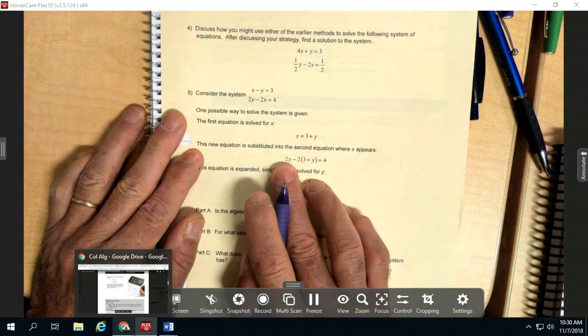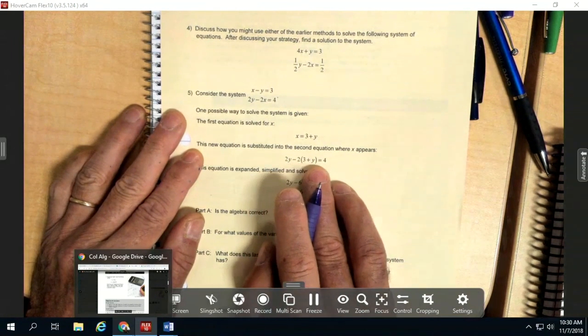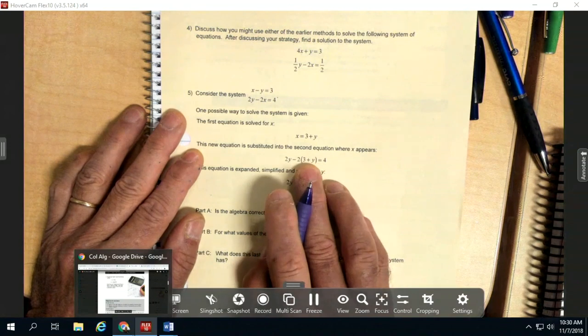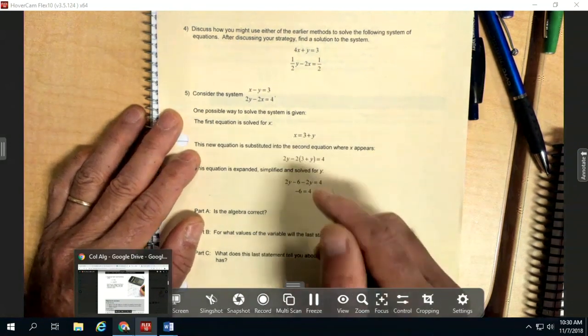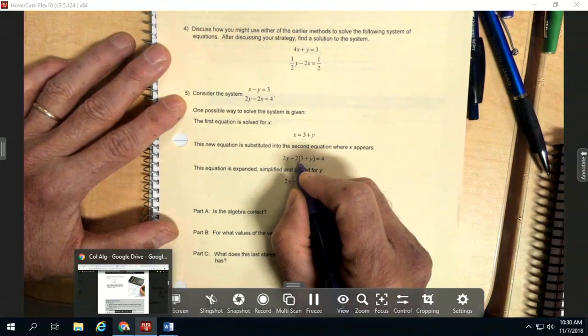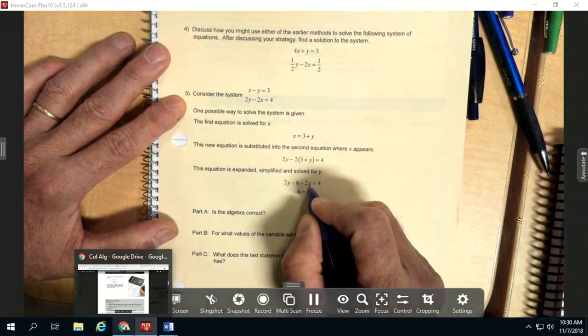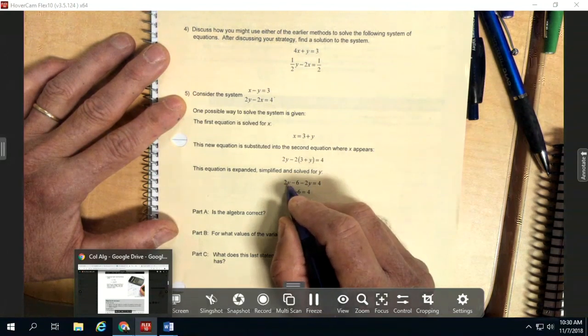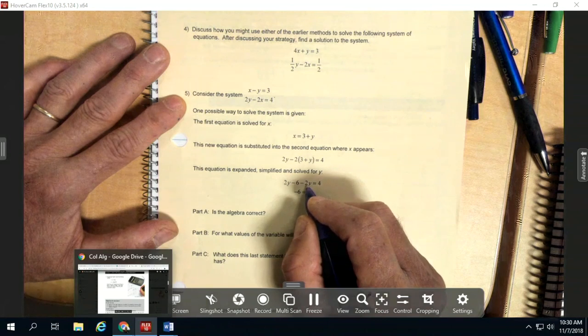So 2y minus 2 times 3 plus y equals 4. So they substituted in. Then they took the 2 times the 3 and got negative 6, 2 times the y and got negative 2y. Everybody agree? That's 4. But what's 2y minus 2y?